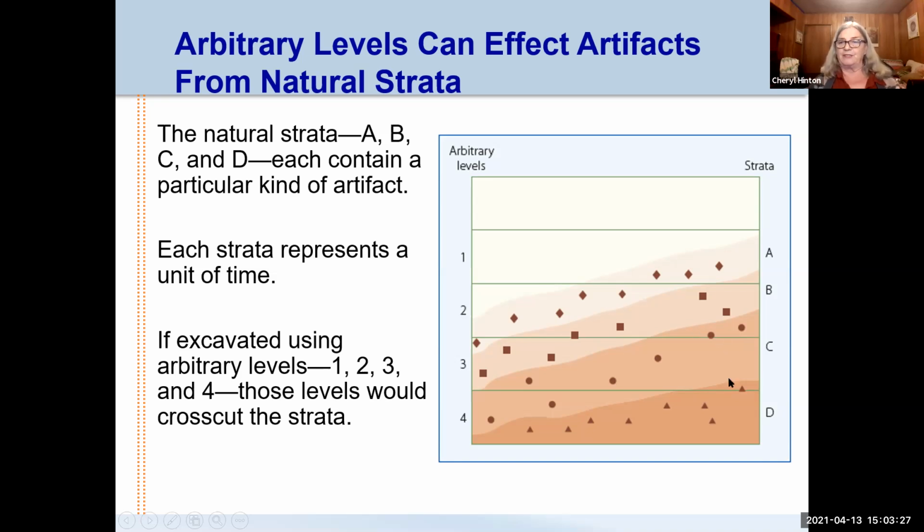And the same thing with C. We're getting a little bit of this really early time period in here, and we've got C in these 2, and actually C also is in B. B is in A. And so on, right? In D, again, in these arbitrary levels, we've got the mixing of time. So that's why we have to be careful and understand that when we're doing arbitrary levels, we may be mixing time periods.